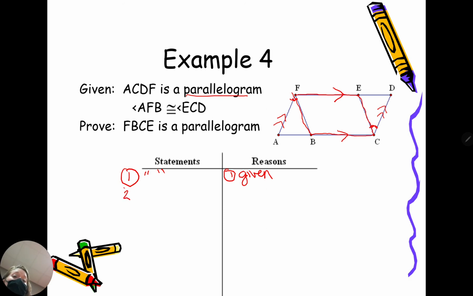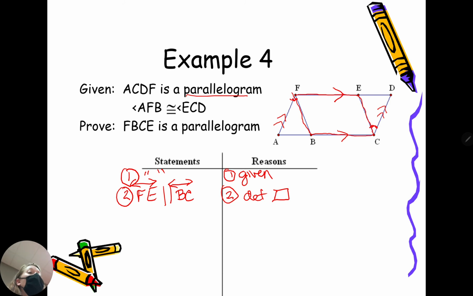So let's say FE is parallel to BC, or FD is parallel to AC. It doesn't matter what 2 points you pick on that line. Definition of parallelogram, all right? So these are the sides of the parallelogram that we are given. Therefore, those lines are parallel. You want to make these lines instead of line segments. That's probably more accurate. Okay, so if those are parallel, we have a transversal here, right?